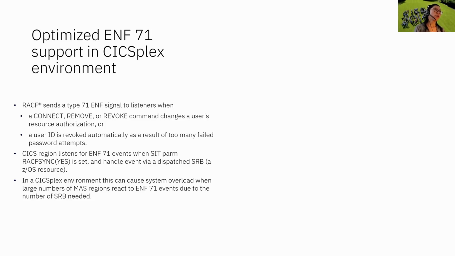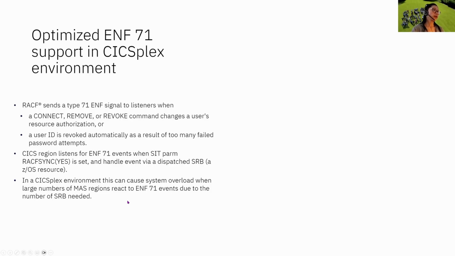RACF will send a type 71 ENF signal to all the listeners, which can be a CICS region, when a user ID is revoked, for example. Then the CICS region listens when the SIT parameter called RACFSYNC equals YES. Then the region will handle this event through a dispatched SRB, which is a z/OS resource.